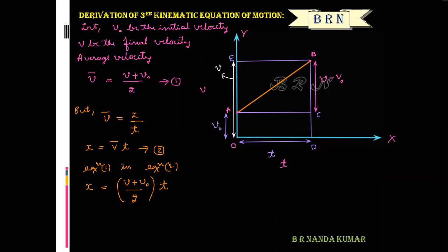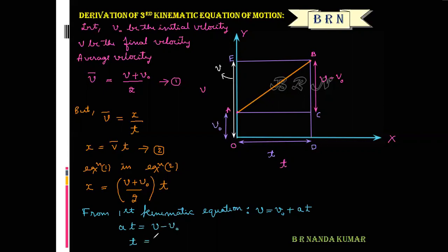But from the first kinematic equation, v is equal to v naught plus at. So at is v minus v naught.